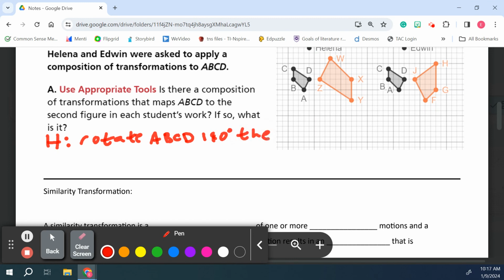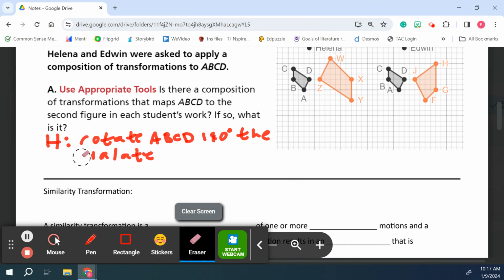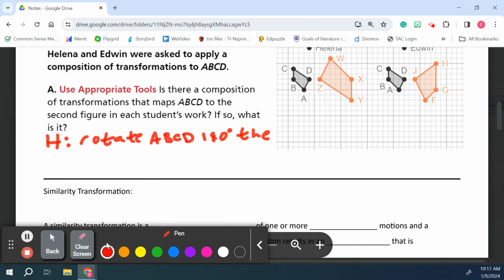Then dilate it with a scale factor of 2.